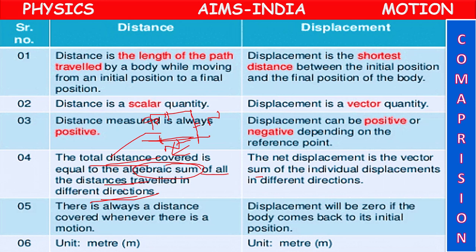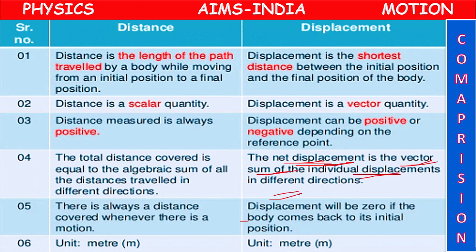Whereas net displacement is the vector sum of individual displacements. If you go forward, positive. If you come back, negative. According to direction, positive and negative values will come, and according to that we add to get net displacement.